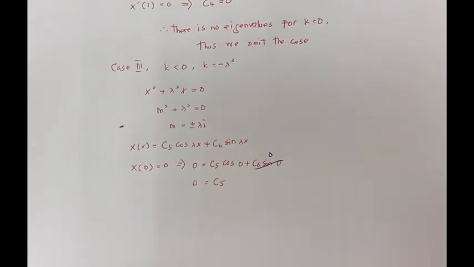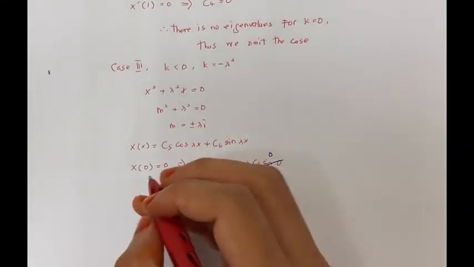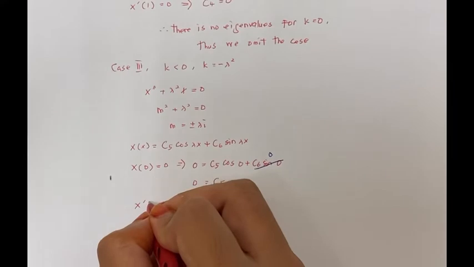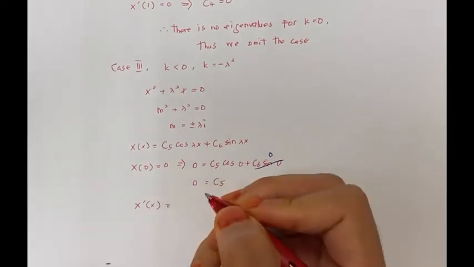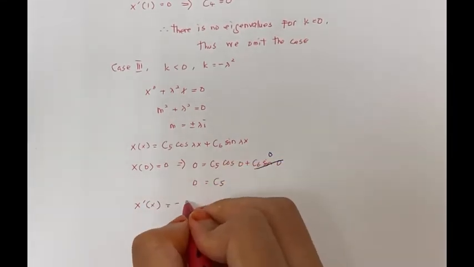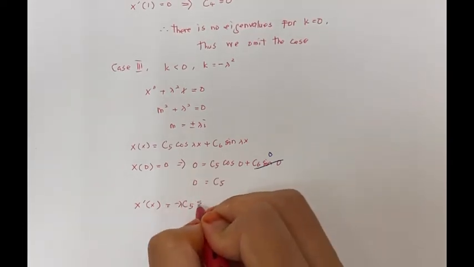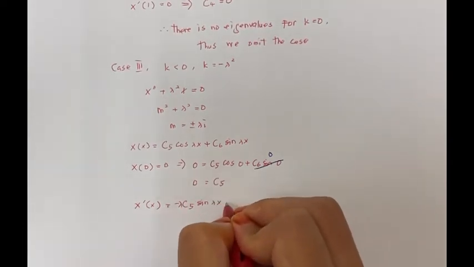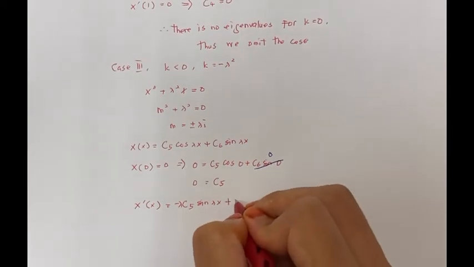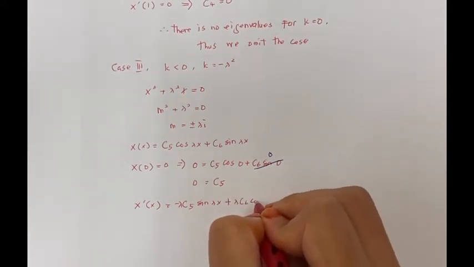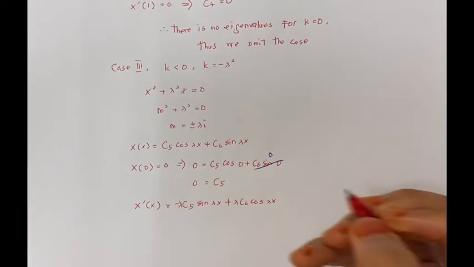Then find x prime. So we have negative lambda c5 sin lambda x plus lambda c6 cos lambda x.